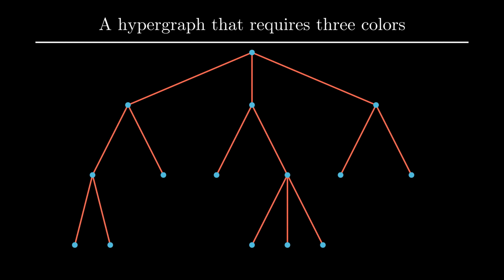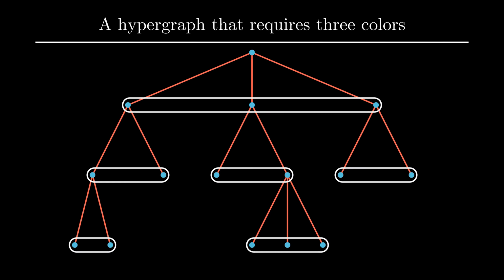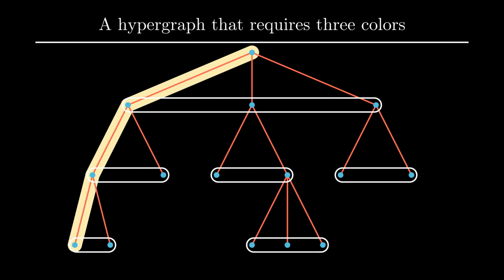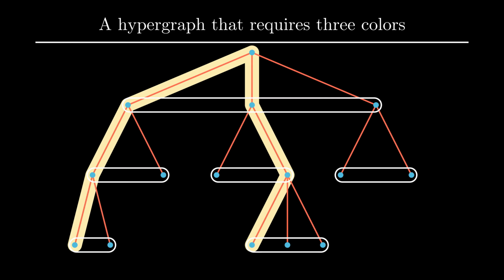The first type are the sibling edges: we take the children of each vertex and put them into an edge. The second one are the descendant edges. We start from the root and follow a descending path to a leaf, and the vertices in this path will also be put into an edge for every possible descending path.